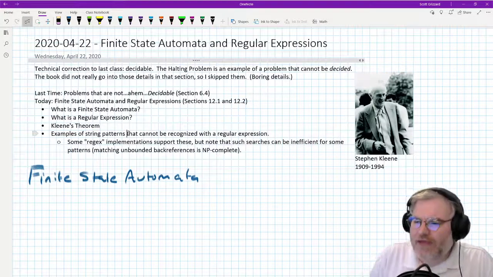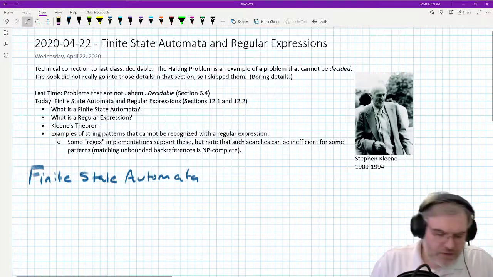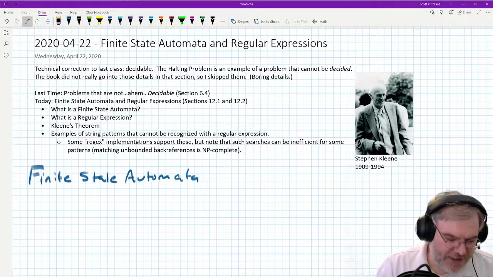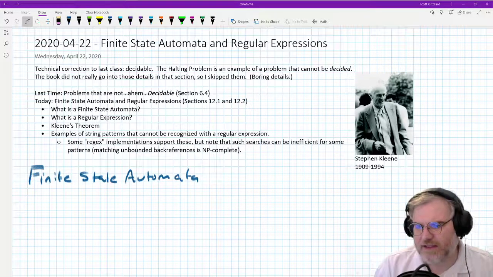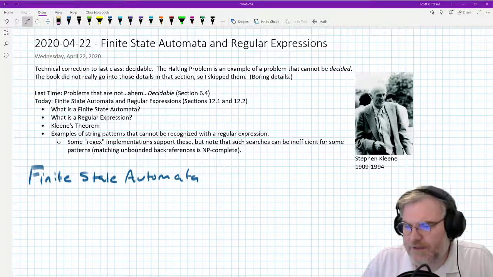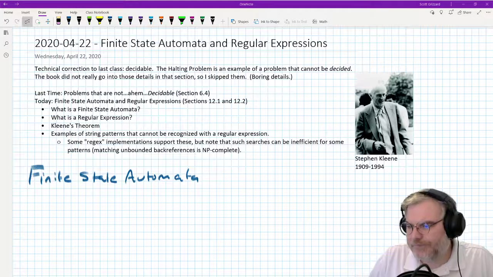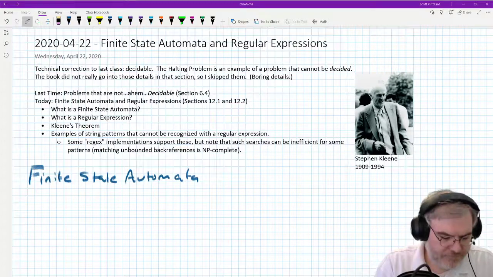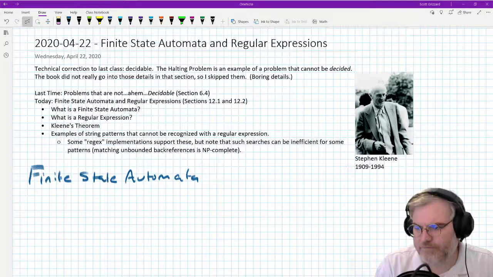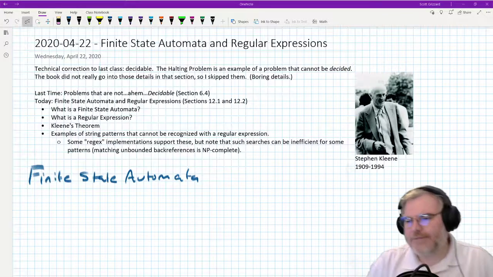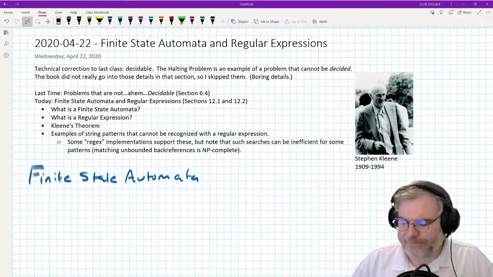Okay, so have you all seen this before? Just out of curiosity, who has seen finite automata done before? Thumbs up, thumbs down. Okay, so most of the people haven't seen it yet.